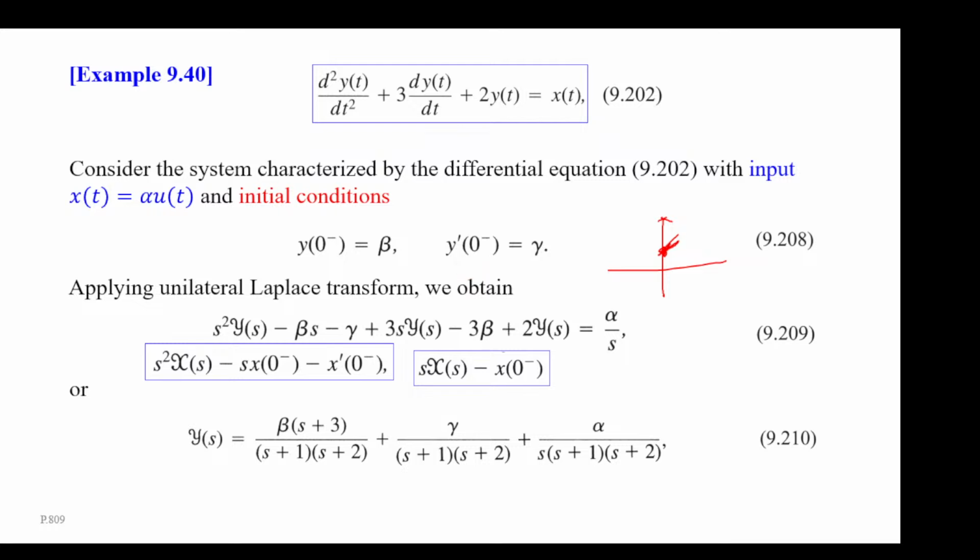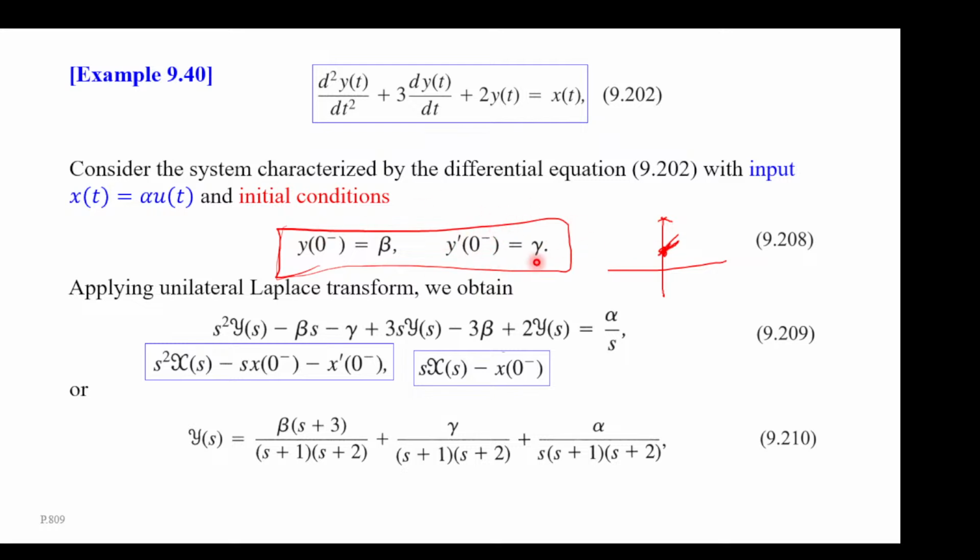Okay, so our initial condition says that at the initial time, which by convention is usually t equal to 0, because our unilateral Laplace transform always calculates at t equal to 0. So we'll set the initial time at t equal to 0, and at t equal to 0 we have two initial conditions. One of them is our output, so we say our output starts at beta, and also we have a derivative of the output.